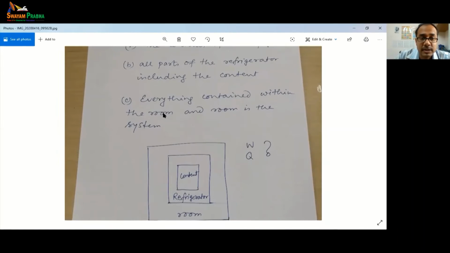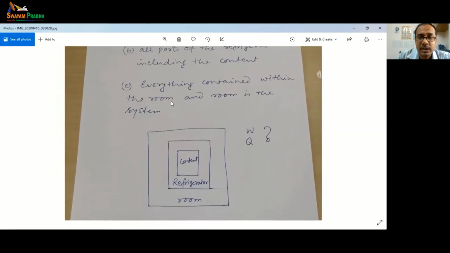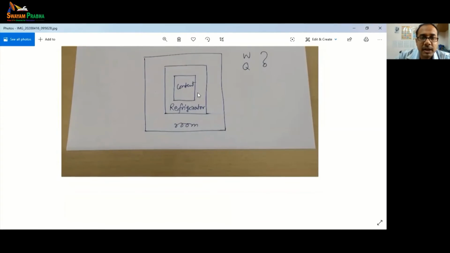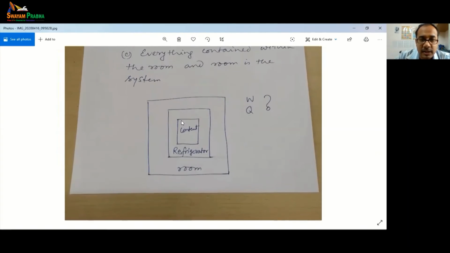The third case, case C, is everything contained within the room in which the refrigerator is kept. So the room is the system. Schematically, you can see that the content is the smallest part. The refrigerator contains the whole of the content, so that's the second case.